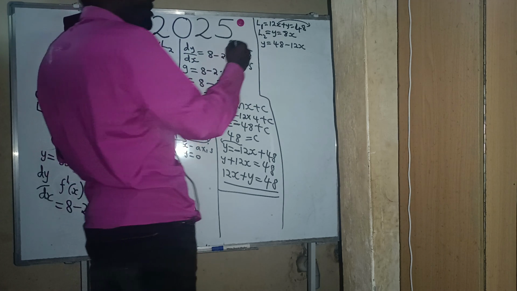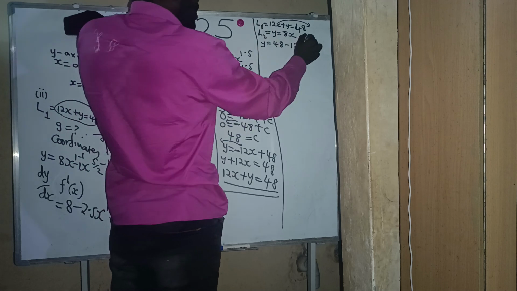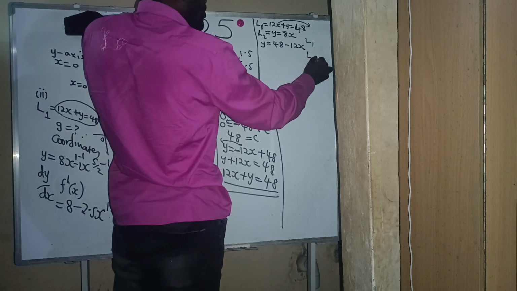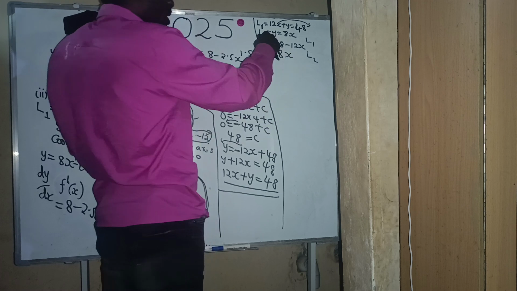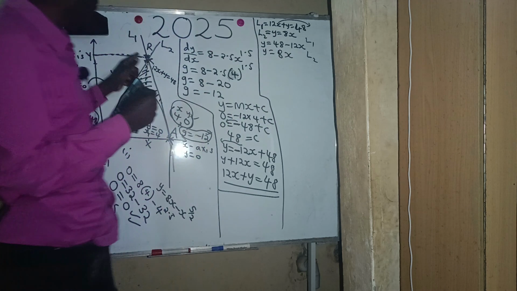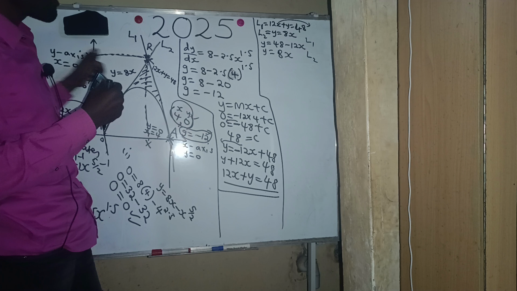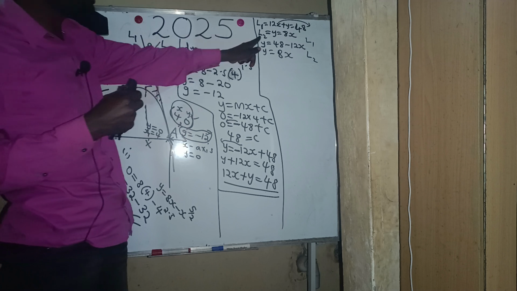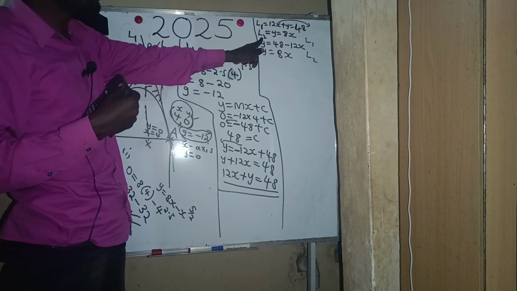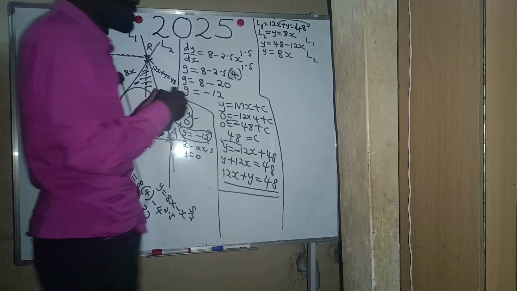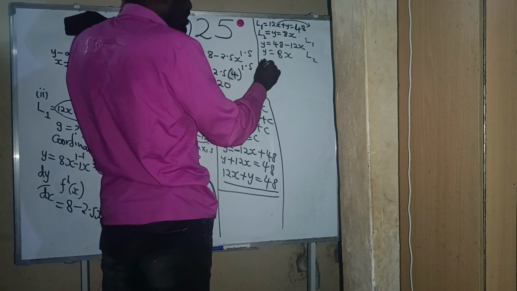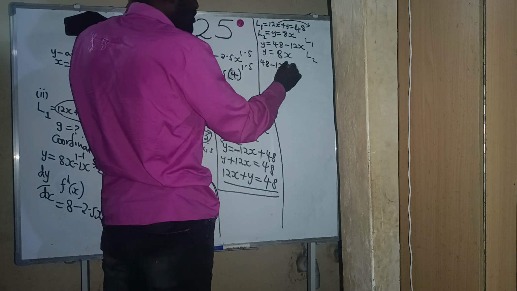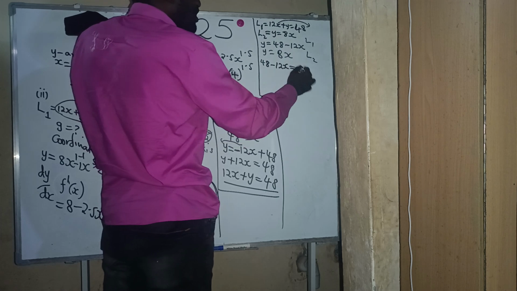Then L2 is y equals 8x. Since they share the same y, the y in L1 must be equal to the y in L2. So I'll have 48 minus 12x equals 8x.